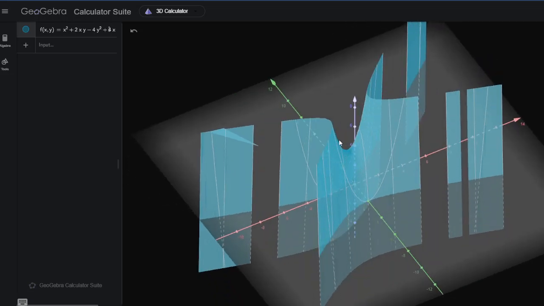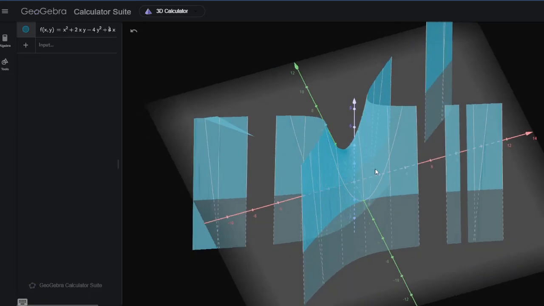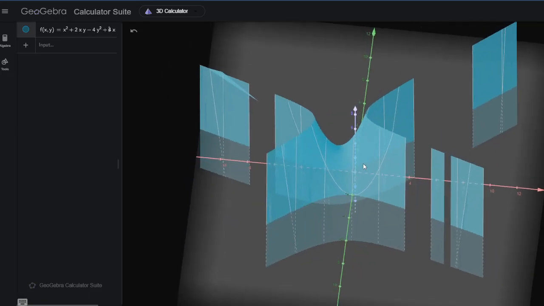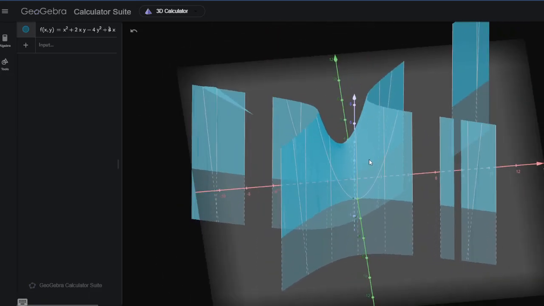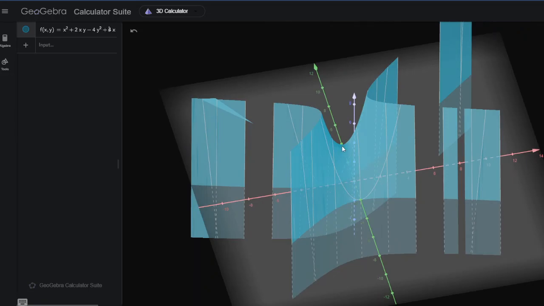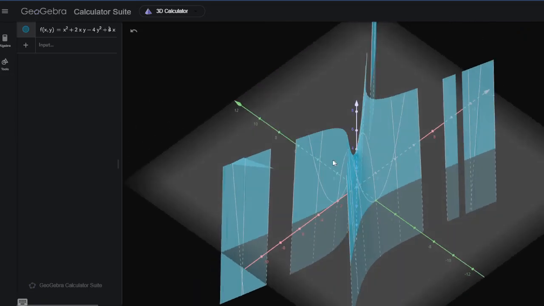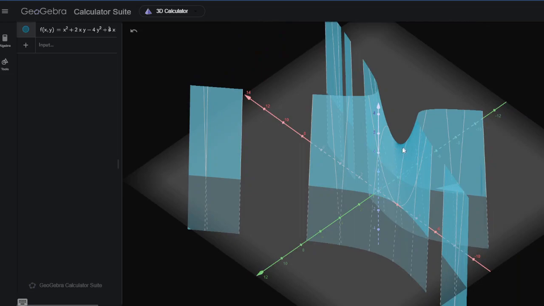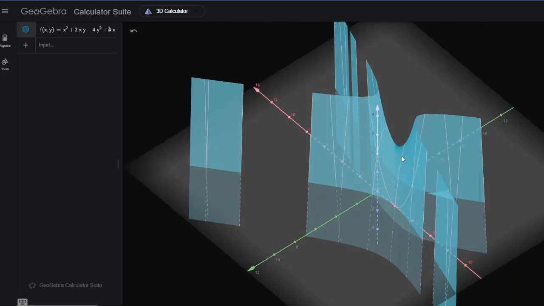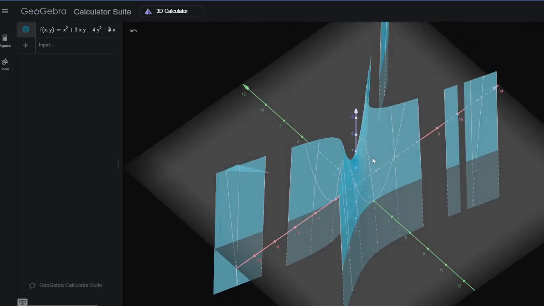There's really no neighborhood, no little circle you could take of this, where it would be the lowest point. Because again, it's dipping down on the sides right around it, and it's going up on the sides over there. So it's definitely not going to be a local max either.